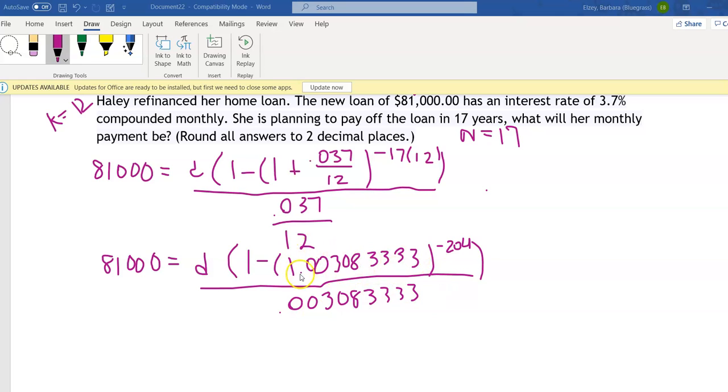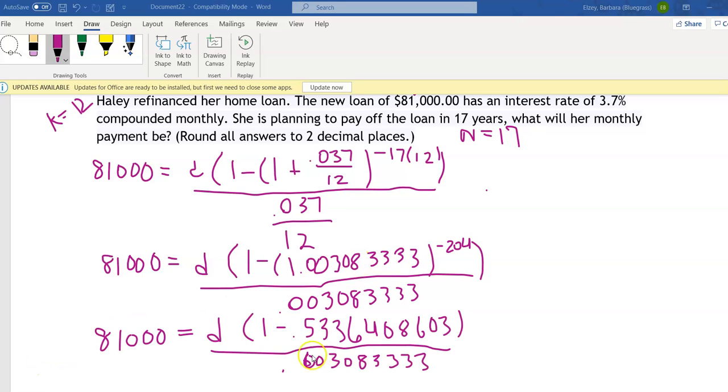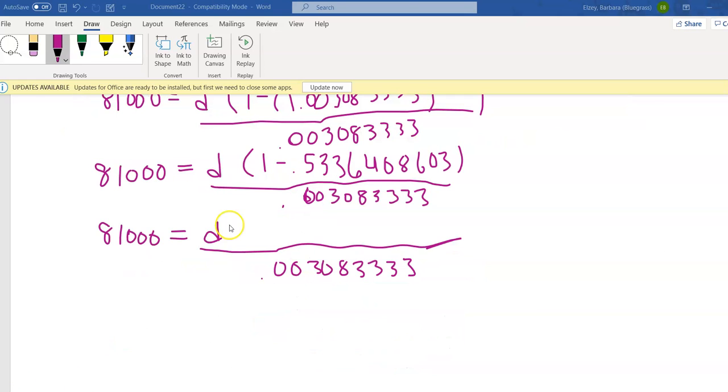So now we need to do this 1.003083333 raised to the negative 204 power. And that gives 0.5336408603. And then let's do the subtraction. 1 minus that number. And that is 0.4663591397.